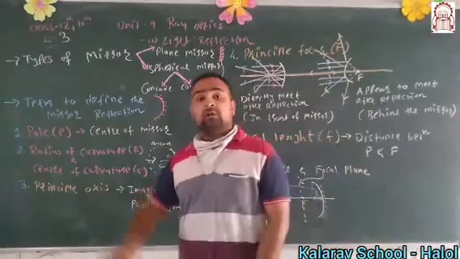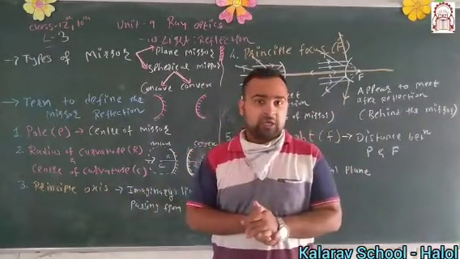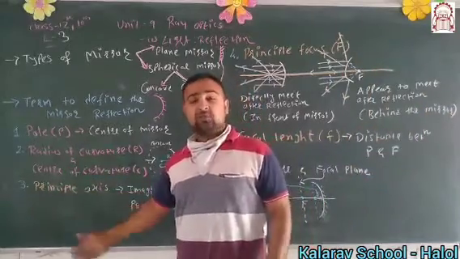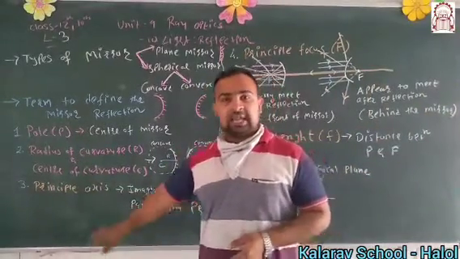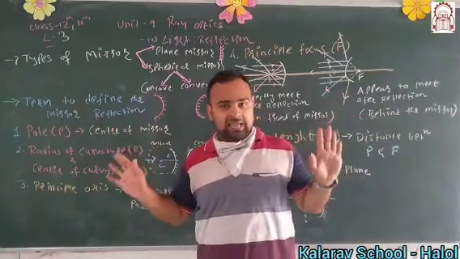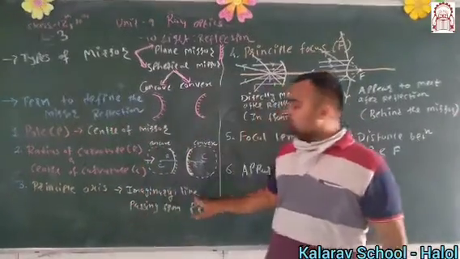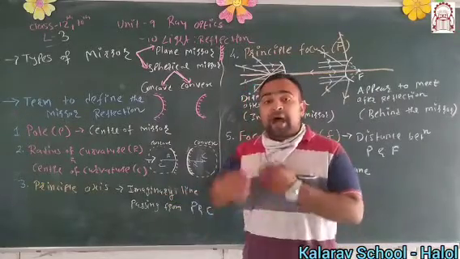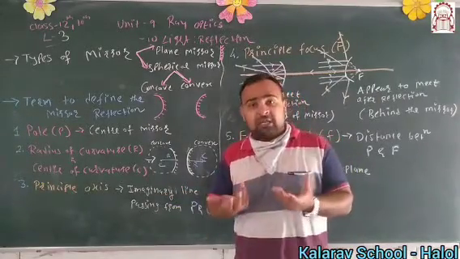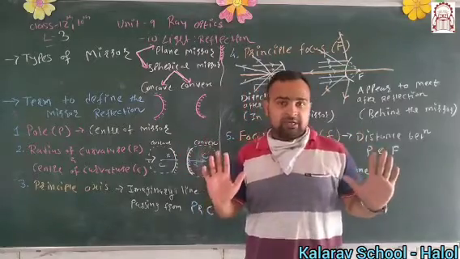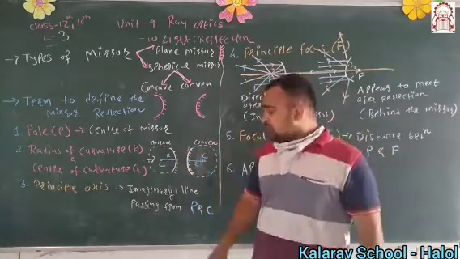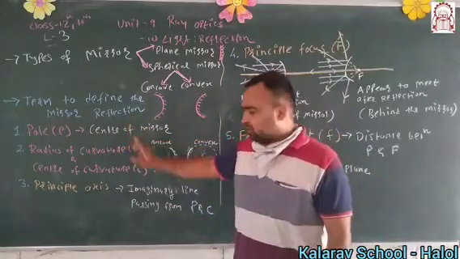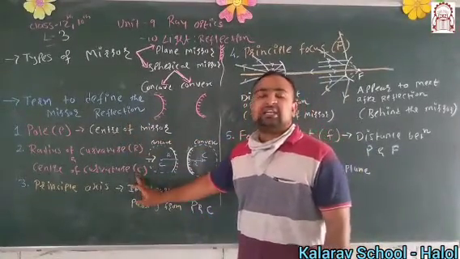Now the third one is the principal axis. In our school there is a principal, and this is the principal axis. What is the principal axis? An axis is generally a line, an imaginary line. It is the imaginary line which passes through two points, P and C. P means pole, and C means center of curvature.